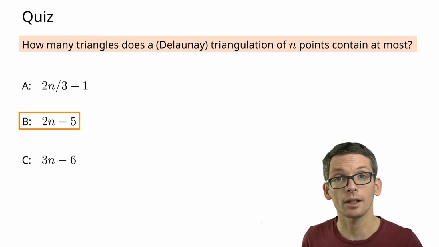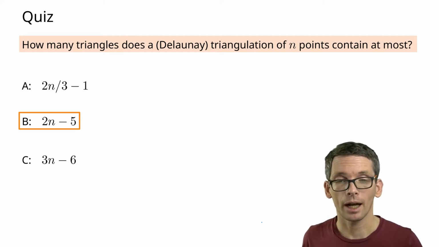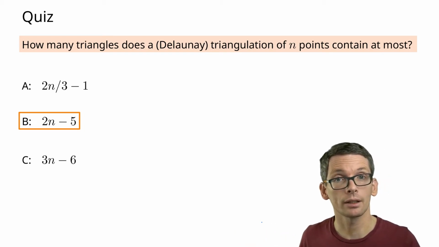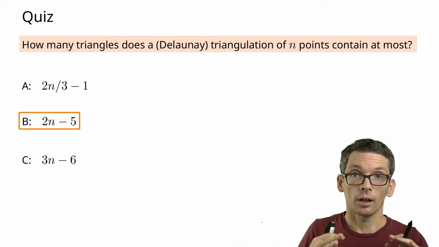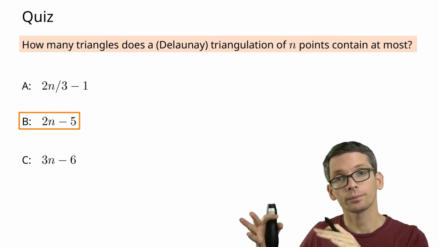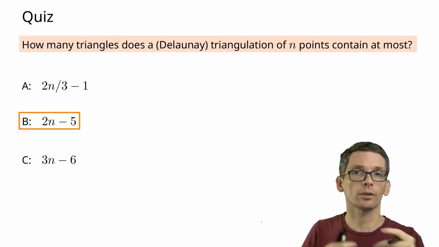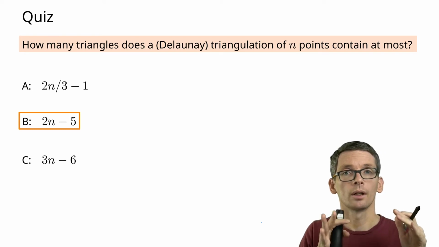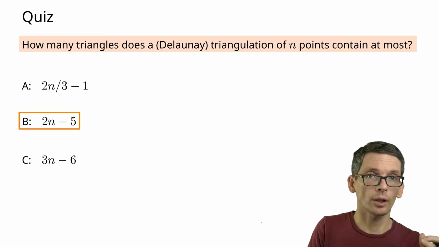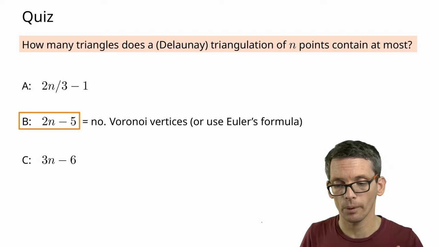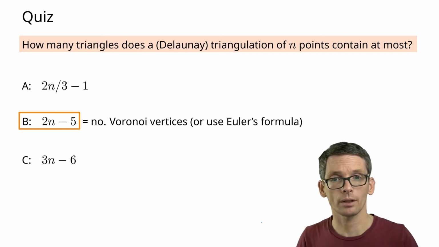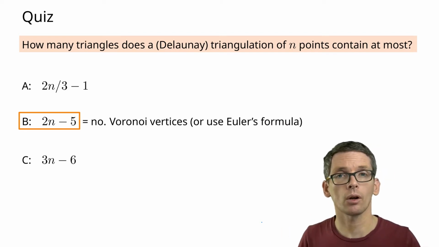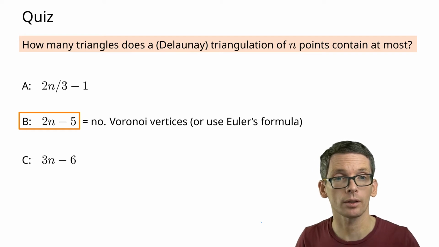The correct answer is 2n minus 5, and the easy way to see this is that we're looking at triangles, and those correspond. So let's first look at the setting of general positions. Those correspond to Voronoi vertices, and for Voronoi vertices we already had this bound of 2n minus 5. But we can also derive this again simply with Euler's formula.